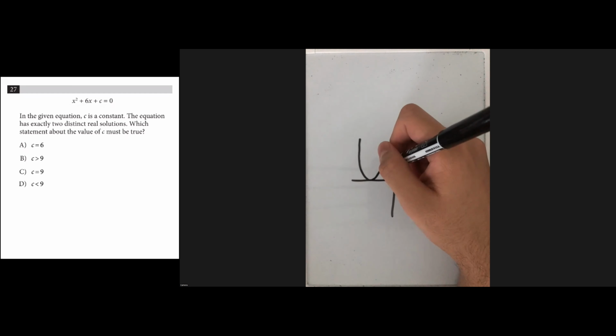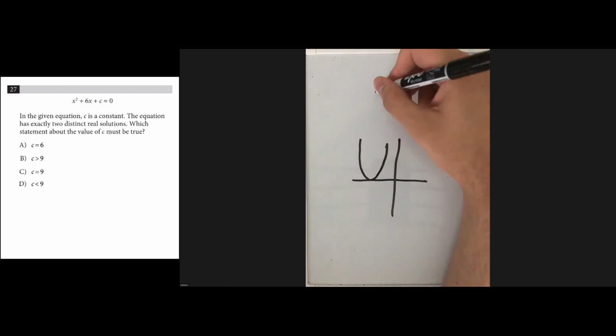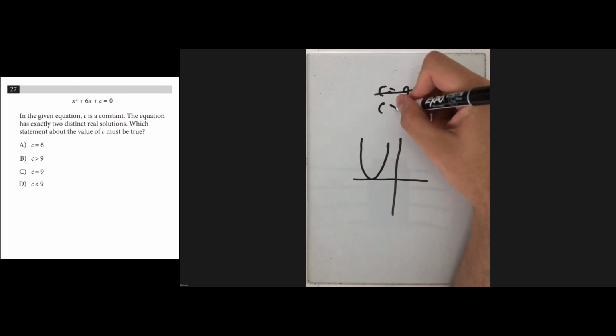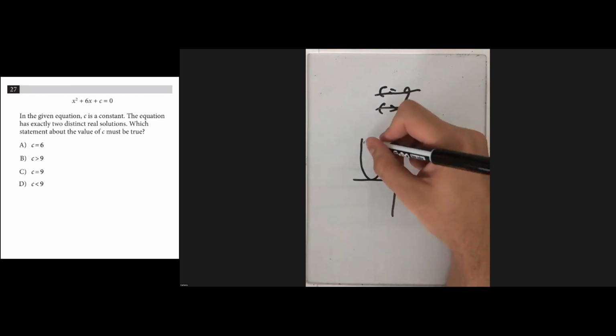And this one has only one real solution. And so the answer choice C equals 9 cannot be correct, nor can it be C is greater than 9, because if C is greater than 9, then the graph would move up and there would be no real solutions. And so then I tried, okay, well, what if C is less than 9? If it's less than 9, then the graph would actually move down.